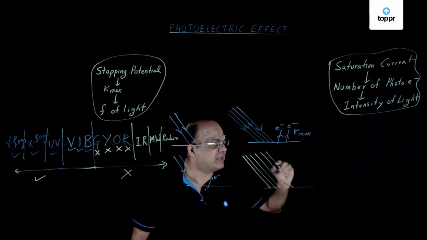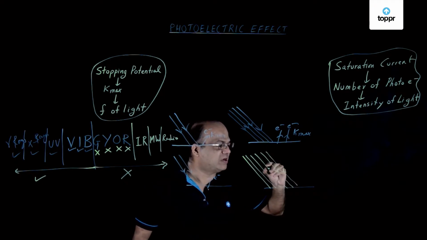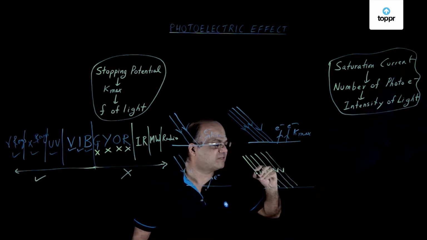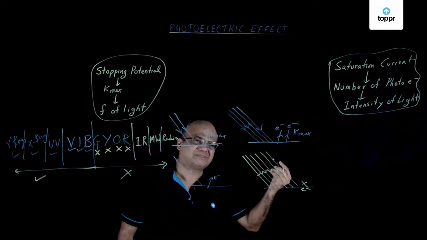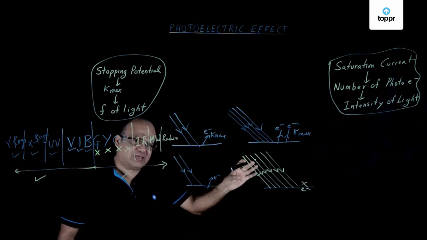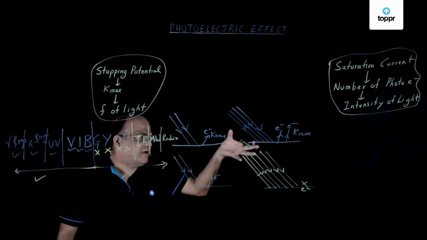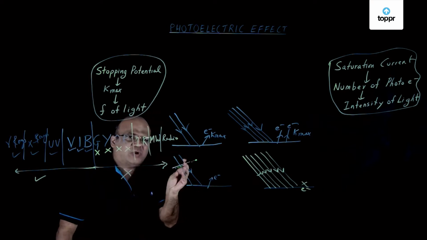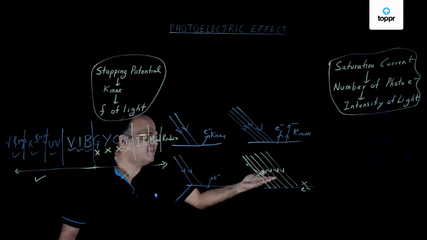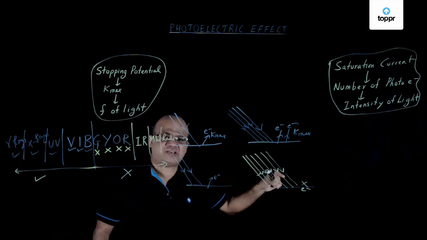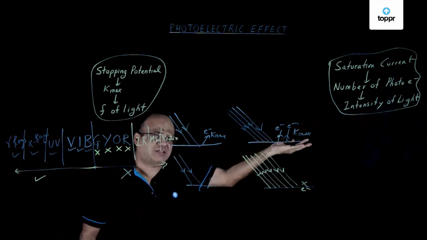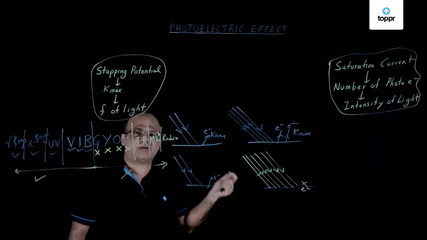Maybe all the green light in the universe now falls on this metal surface. No electron comes out. Now as per wave theory, this much green light will have much more energy than this much blue light. This is very high intensity, this is very low intensity. Here more energy is falling per second, so here the electron should come out easily. But actually it does not come out.